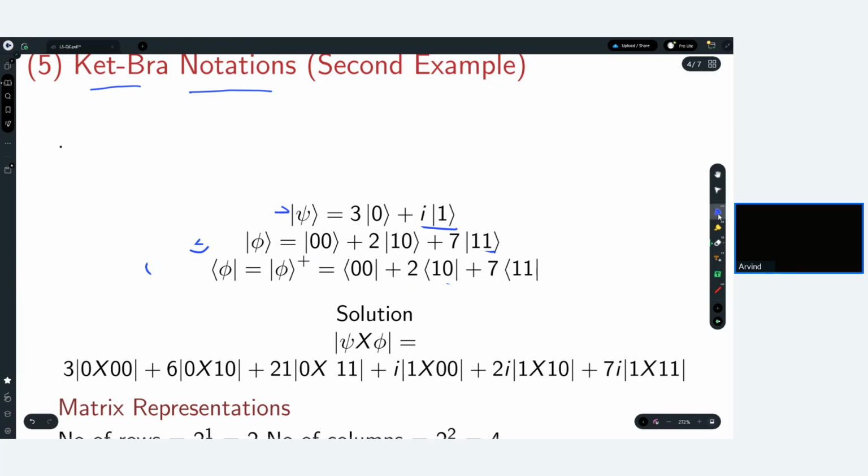in which each term from the first function, that is the psi function, we are multiplying with each term from the bra notation.